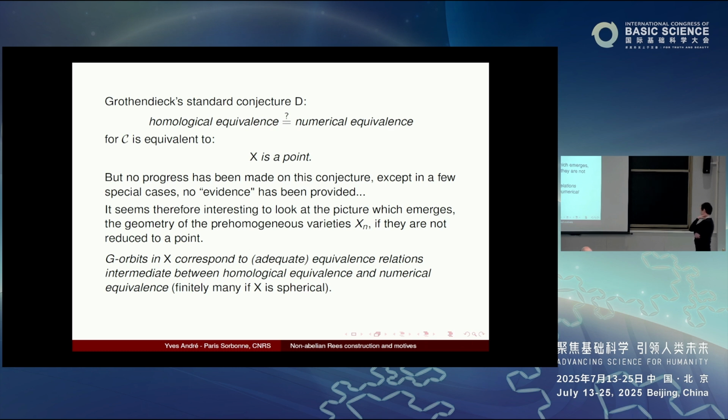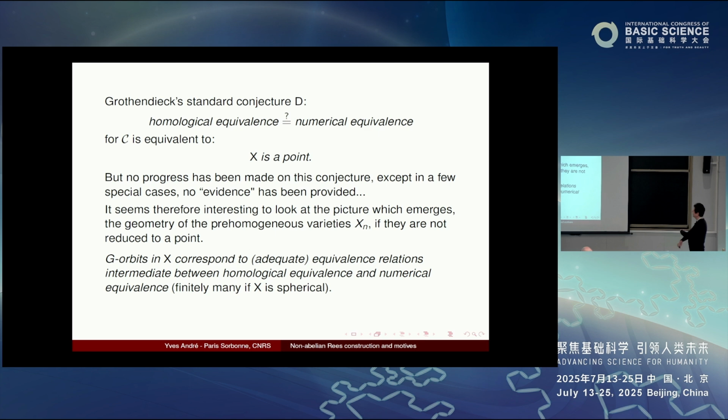So it seems interesting, I think, to look at the picture which can emerge if the geometry of these pre-homogeneous varieties X_n is not reduced to a point.